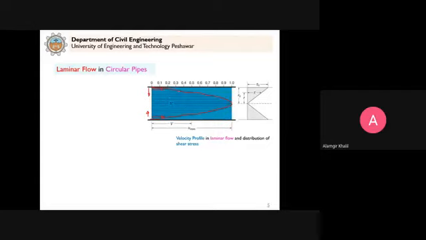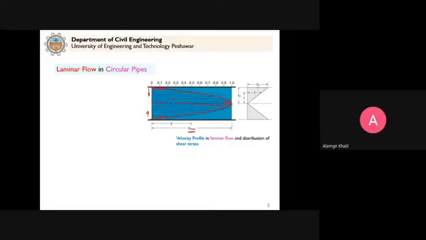At the center of the pipe we have the maximum velocity, denoted by VC, the center line velocity, or U maximum, because at the center of the pipe minimum resistance occurs to the flow of the fluid. This is the velocity profile that we will discuss shortly in detail.